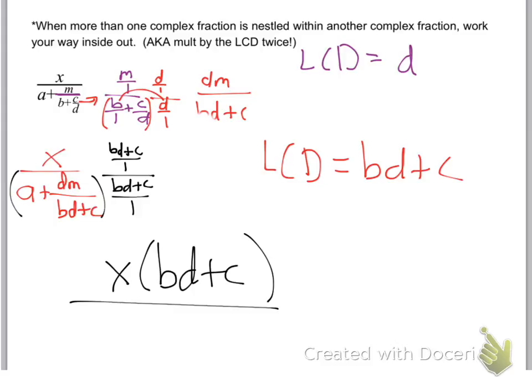Because that overall is really what's happening, right? The bottom, am I going to really distribute the a again? No. So leave it separate. A times, okay, plus, what happens with those bd plus c's? So you're left with dm. Done.